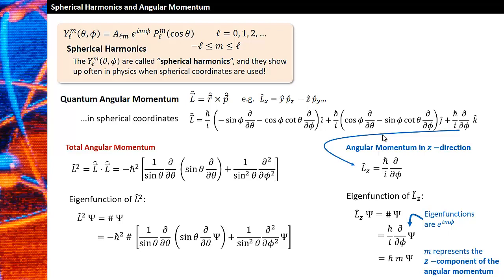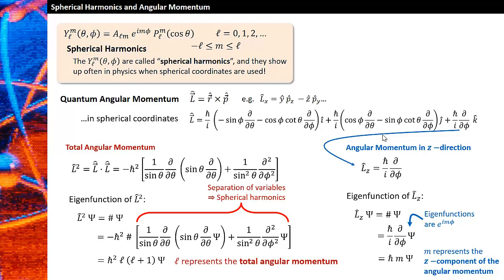And L squared acting on psi is this horrible-looking expression of h bar squared and the derivatives. And so we want this to be a number times psi. It turns out we know what this number is because we've seen this from the separation of variables that gave us spherical harmonics. The eigenvalue that we get is h bar squared l times l plus 1 times psi.